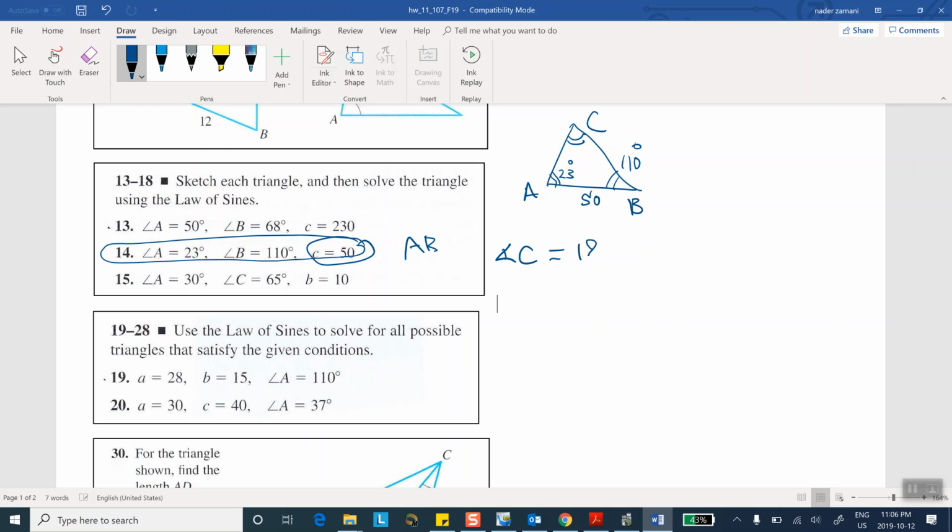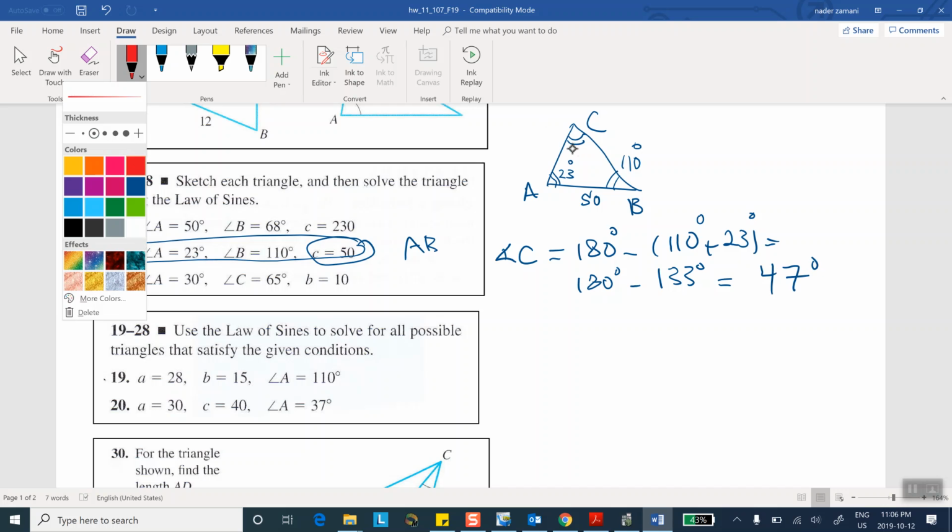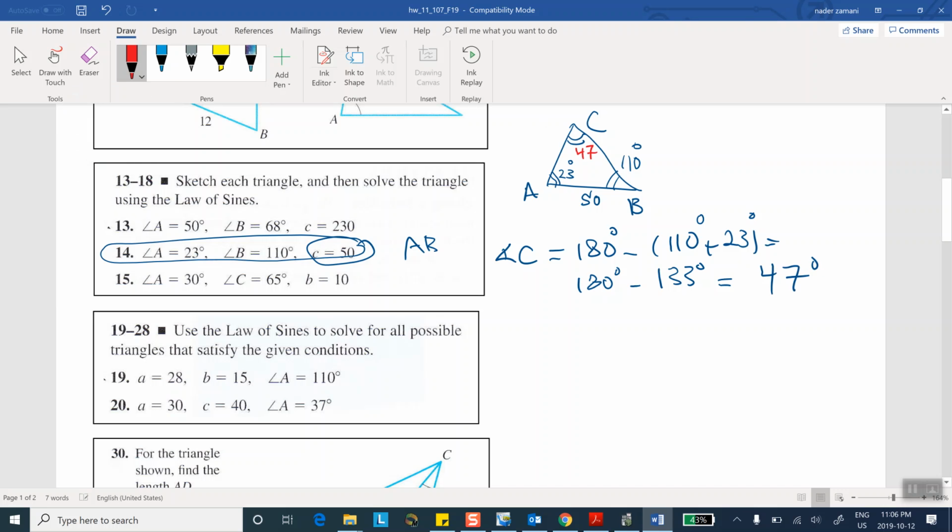So this angle C is equal to 180 minus 110 plus 23. So this is 180 minus 133, and this is going to be 47 degrees. So this angle, I'll draw it with red, is 47 degrees. When you add them up, you should get 180, and you do.